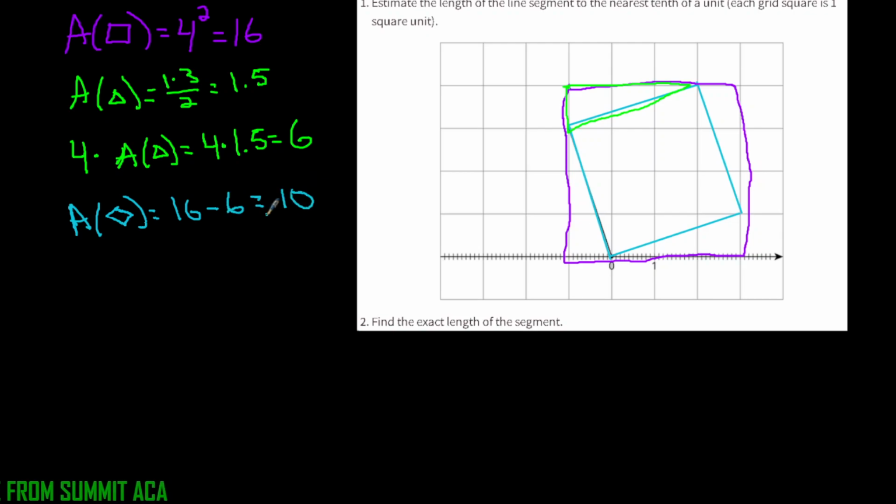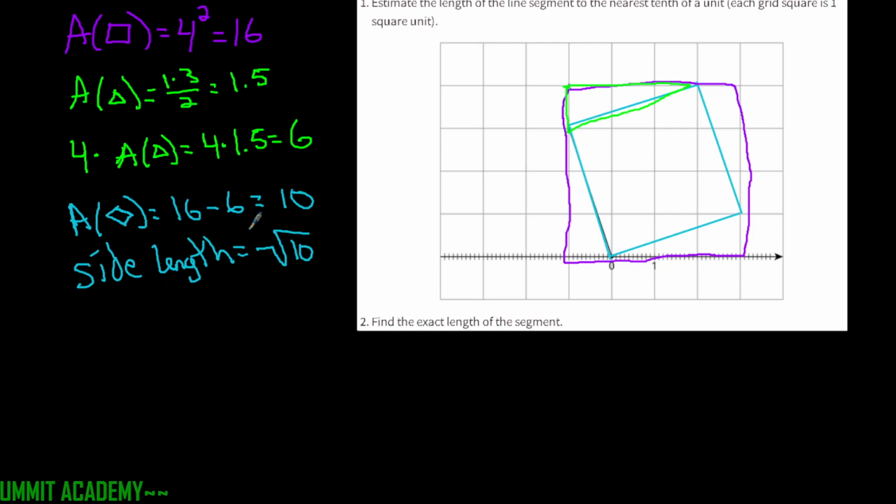So the area is 10, which means the side length is equal to the square root of 10. Make sure you notice that difference between the area, which is 10, versus the side length, which is the square root of 10.